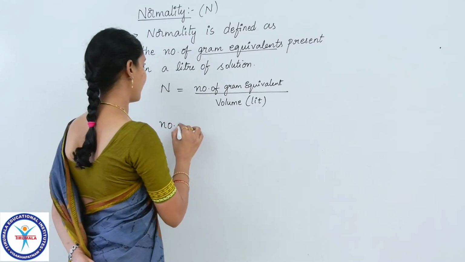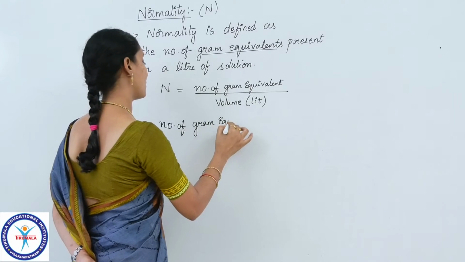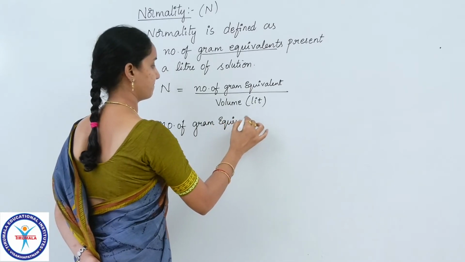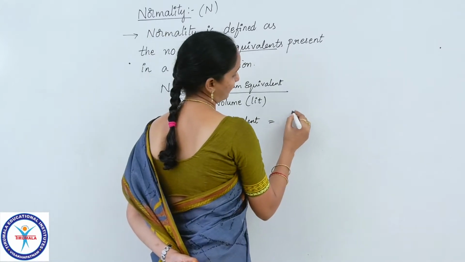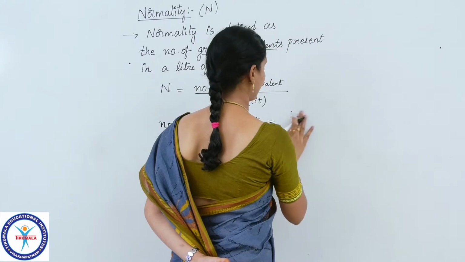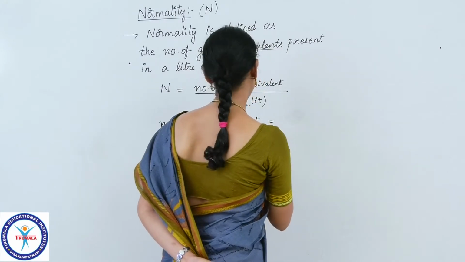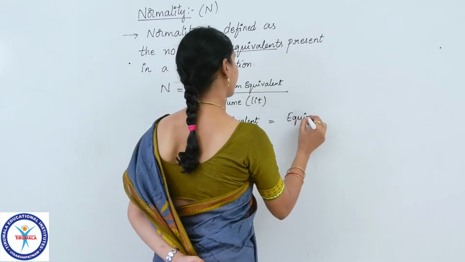The number of gram equivalents is equal to the given weight divided by the equivalent weight.